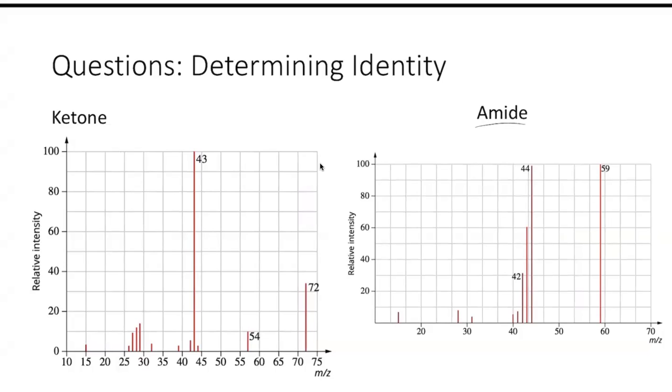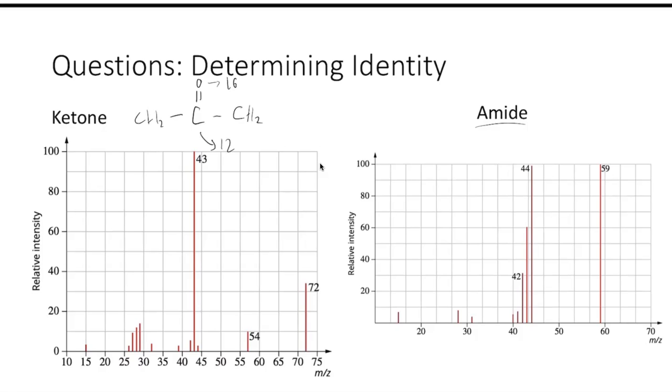So we know that it's going to be something like this. It'll have C double bonded to O, and then next to it, it must have some sort of CH2 group. So it has to have that C double bond O, which has a molar mass of 12 for carbon and 16 for oxygen. So that's 28.